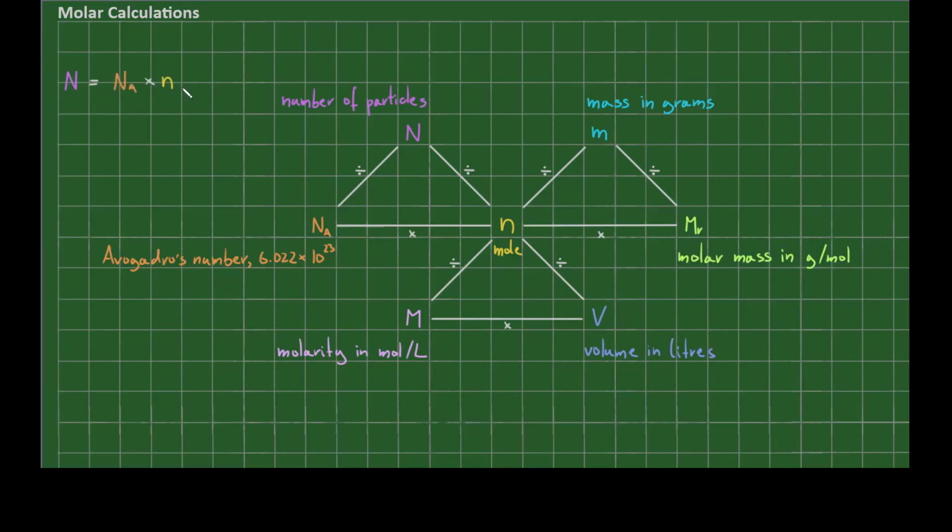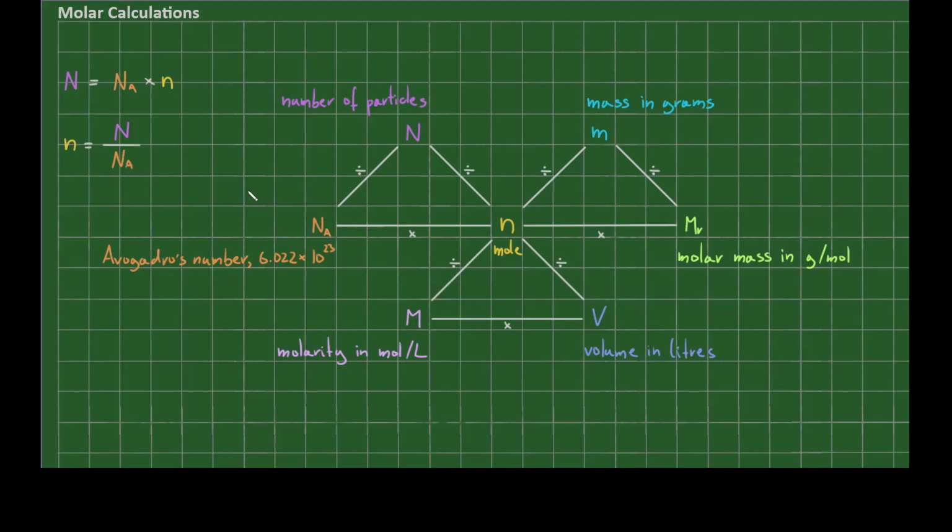Now suppose that I have the number of particles and I want to calculate the number of moles. So this time I'm after number of moles. What is the relationship between number of particles and Avogadro's number? Number of particles is over Avogadro's number. And so I could say that n, number of moles, equals number of particles over Avogadro's number.